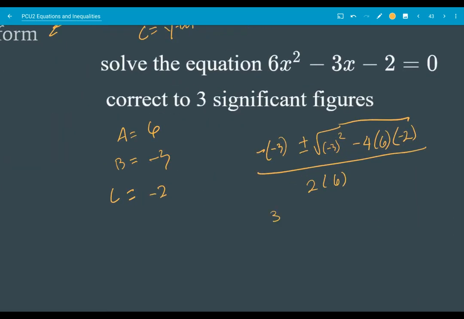So it's going to end up being 3 plus or minus the square root of 9 plus 48 all over 12. And 9 plus 48 gives us 57, so we end up with 3 plus or minus square root of 57 all over 12.